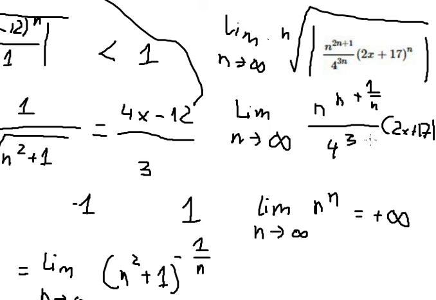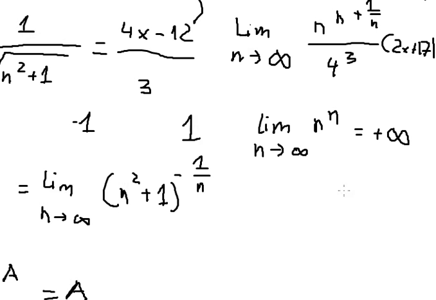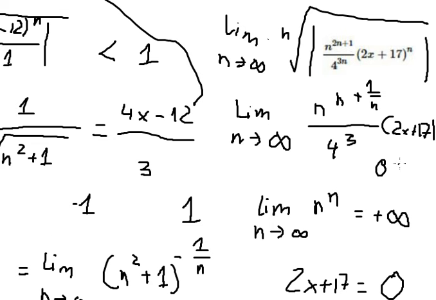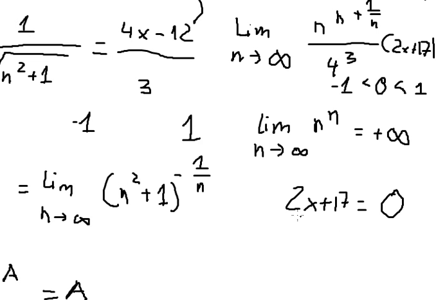To make the convergence in here, only 2s plus 17 equal to 0, because 0 is smaller than 1 and greater than negative 1 in here. That's why you have only this one. So we calculate s, and you get negative 17 over 2.